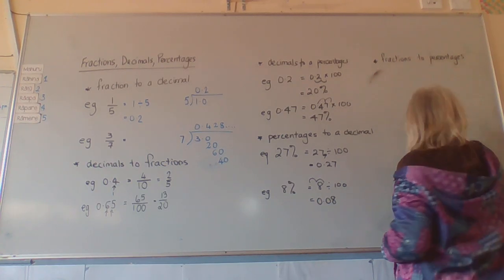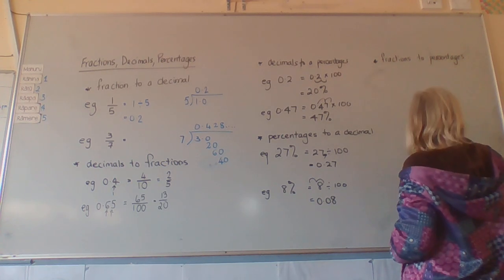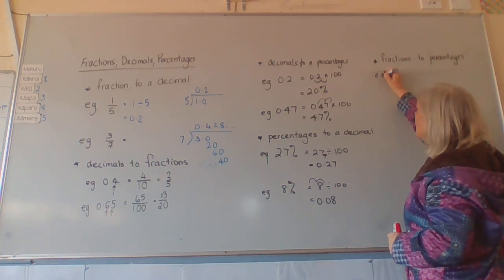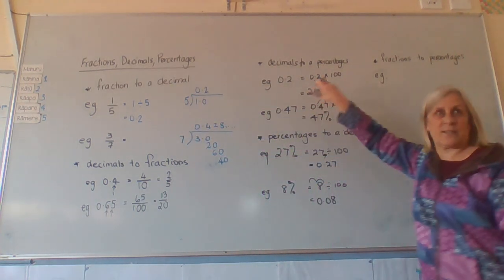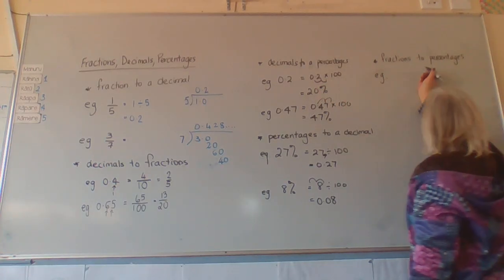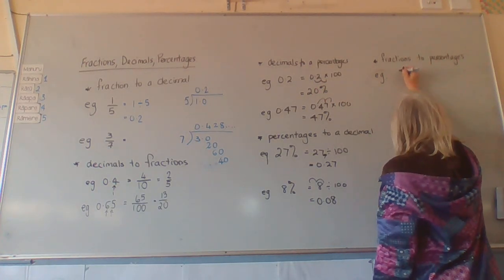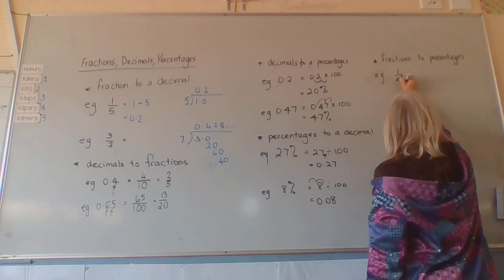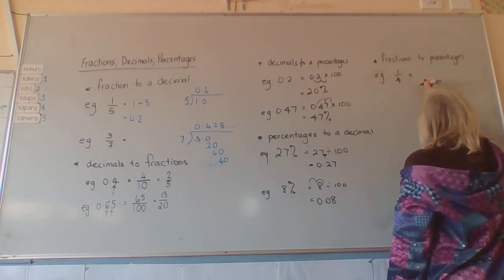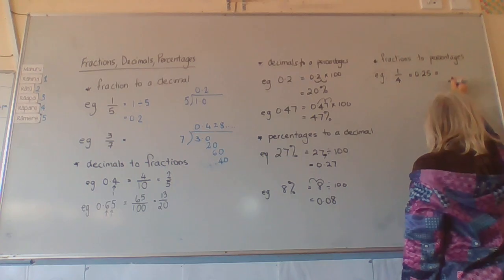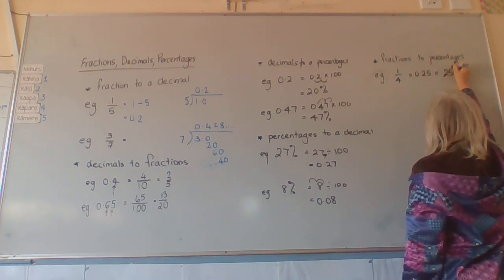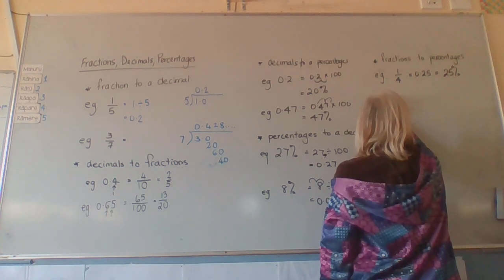That's the e.g. We're going to do this, and then we're going to do this. All right? So it goes from a quarter equals 0.25 equals 25%. That one was easy, and we should know those ones.